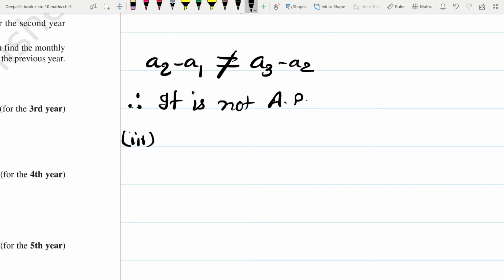Now the cost of digging a well after every meter of digging, when its cost is 150 for the first meter and rises by 50 for each subsequent meter. So here my A is 150 and my D is 50 rupees.